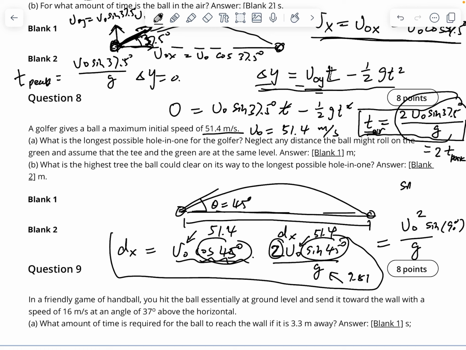The trig identity we use here is 2 cosine 45 sine 45 equals sine of 2 times 45, so equal to sine 90. Sine 90 is 1, so the longest dx is v naught squared divided by g.